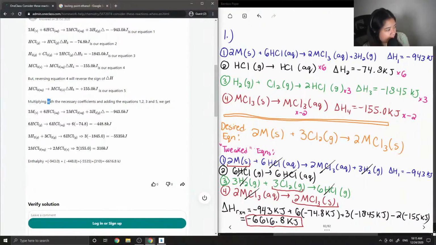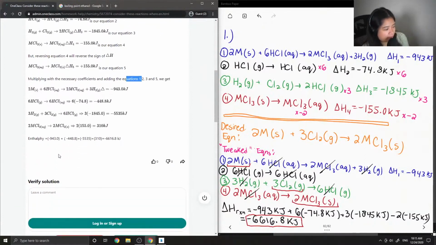Okay, so multiplying with the necessary coefficients and adding equations 1, 2, 3, and 5, we get the following. So they showed how they didn't tweak equation 1. They showed equation 2 was multiplied by 6, equation 3 multiplied by 3, and then equation 4 is multiplied by 2.